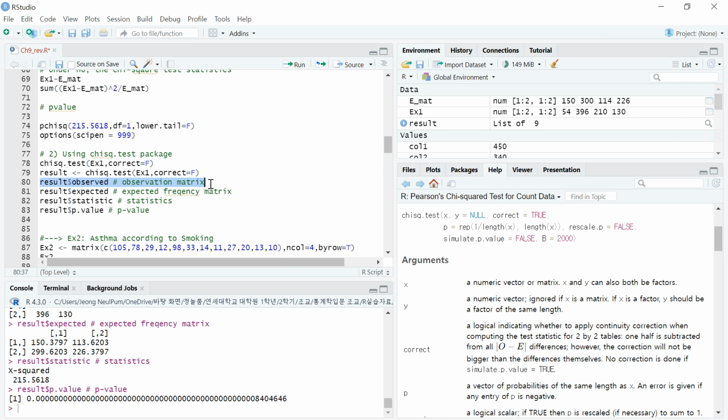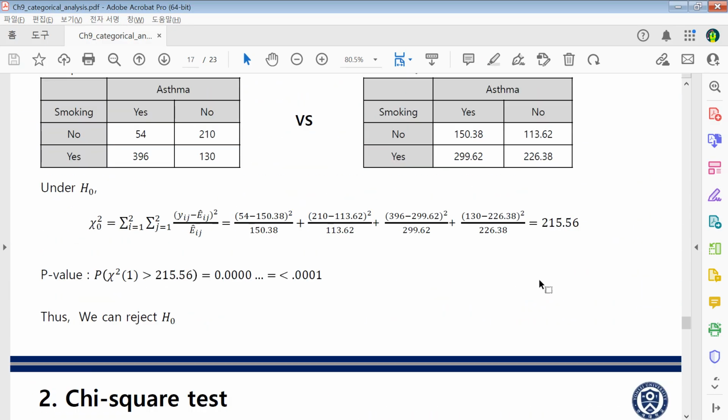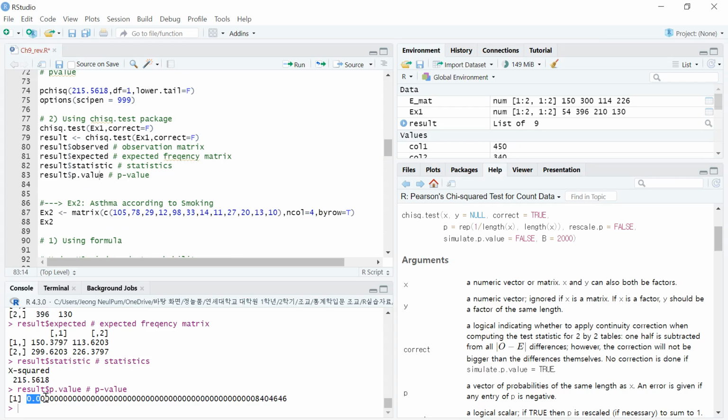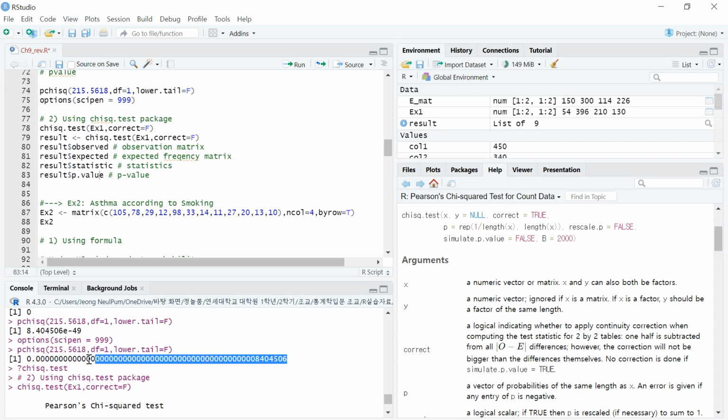The first code gives us the observation matrix, which is the original sample, and the second code, the expected column, gives us the expected frequency matrix that we calculated with a very complicated formula. The statistic column gives us the chi-square statistic, which is 215, the same as the value here. You can see it here. And it also gives us the p-value here, and this is the same as the p-value we calculated.